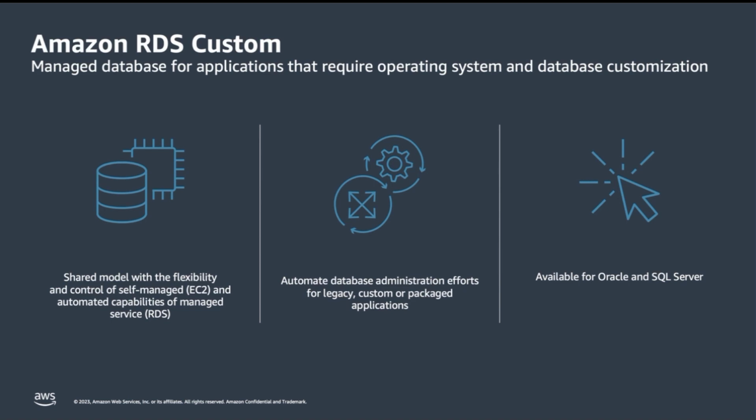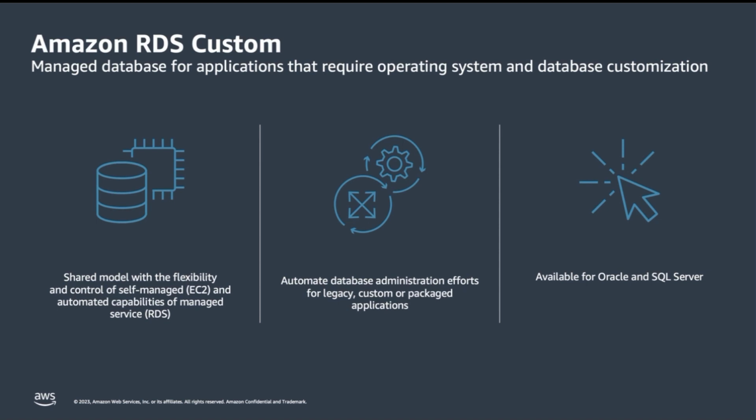Most of you here, I'm assuming, are already aware of Amazon's managed database service called Relational Database Service, or RDS. RDS is available for a variety of database engines, like open source engines such as PostgreSQL, MySQL, MariaDB.